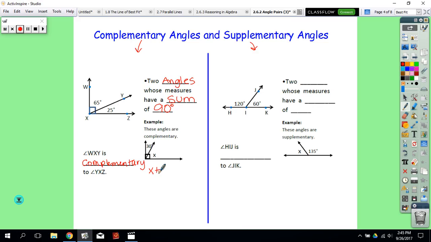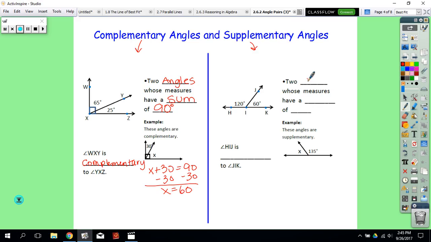So if we do x plus 30 is equal to 90, subtract 30 from both sides, x is equal to 60. This, yes, is probably mental math, and most of you were able to just look at that and say, oh, yep, that x is 60. But what I want you guys to understand is that in some of these, we're going to have to write this out. So it's going to be best that you understand how to write these two angles into an equation.